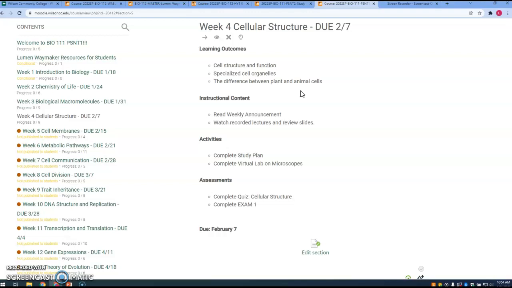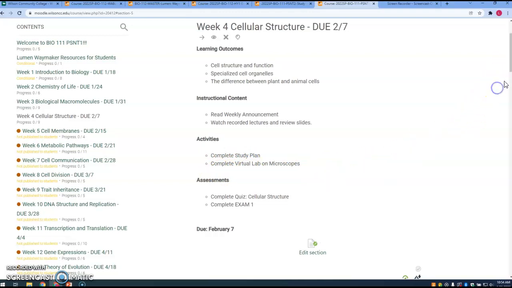Animal cells and plant cells have a plasma membrane, but only the plant cells have a cell wall surrounding the plasma membrane. Okay, so read or listen to your weekly announcement. I'm recording it. Watch the recorded lectures and review the slides. I have not posted those yet, but I do plan to have them posted by tomorrow. Complete your study plan and complete the virtual lab on microscopes.